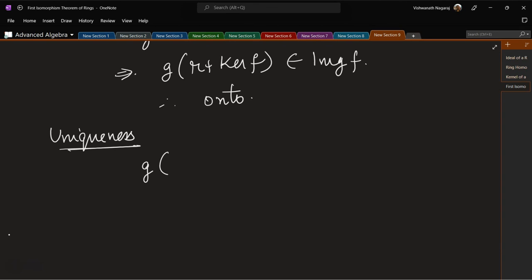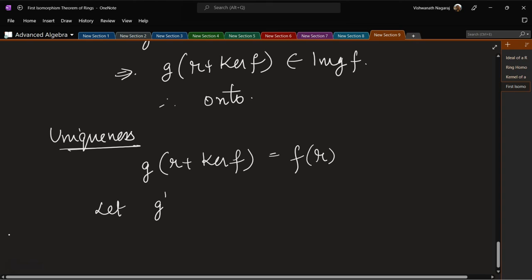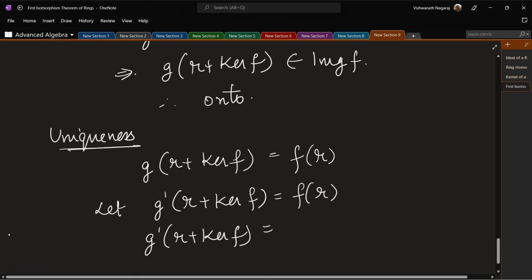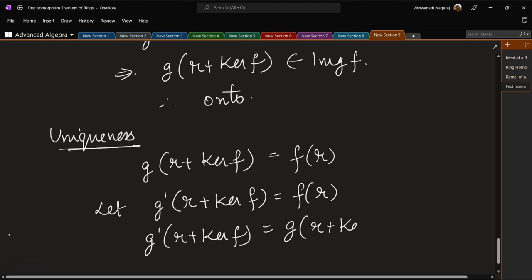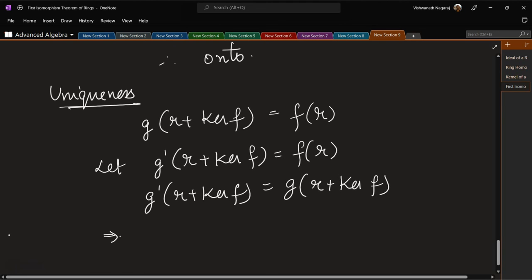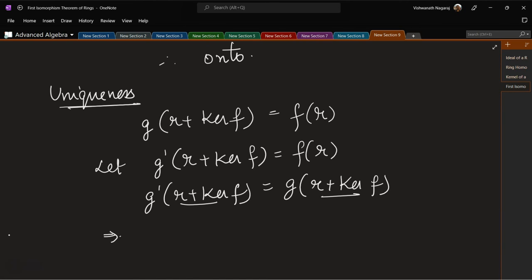To show uniqueness, again pretty straightforward. Let's say we have G of R plus kernel of f is equal to f of R. Now let G prime be another function which also maps R plus kernel of f to f of R. Then G prime of R plus kernel of f is equal to G of R plus kernel of f, which implies they are operating on the same element and they both are equal.